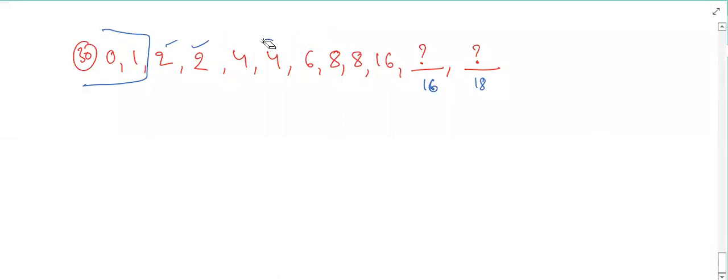Who told 16 and 18? We can tell the logic. Sir, the logic is 2 tables, sir. How? From the beginning, you have to tell.